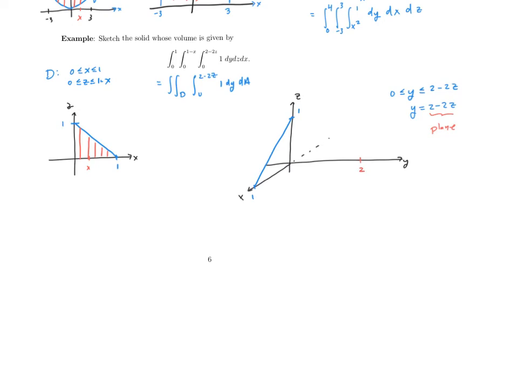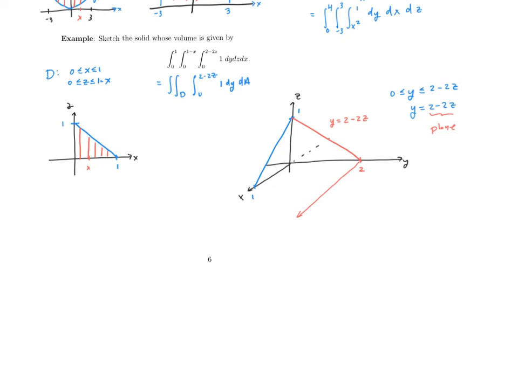So 2, and in red I'm representing the plane y equals 2 minus 2z. And note this is once again just the x equals 0 trace. If you really want to think about what that plane y equals 2 minus 2z would look like, you would drag this red line in the direction kind of parallel to the x-axis.